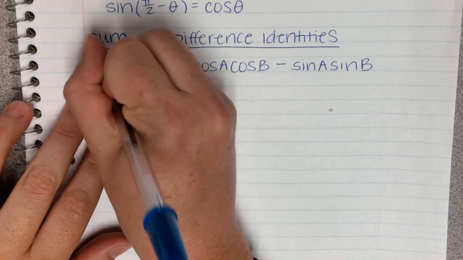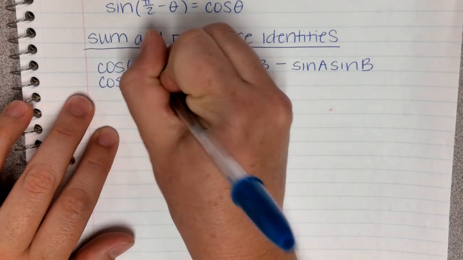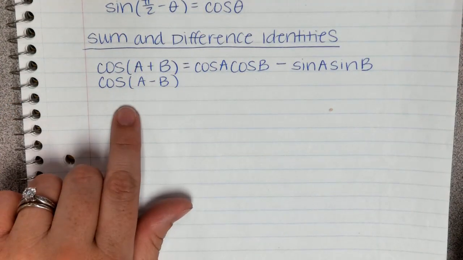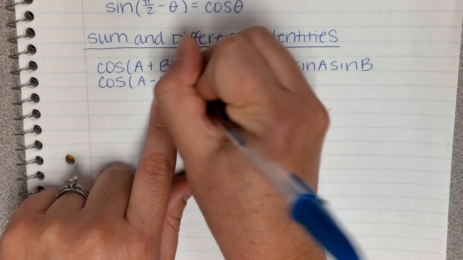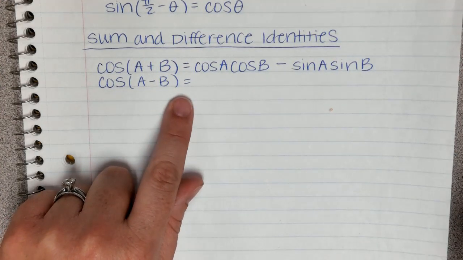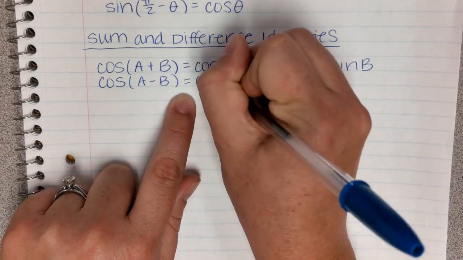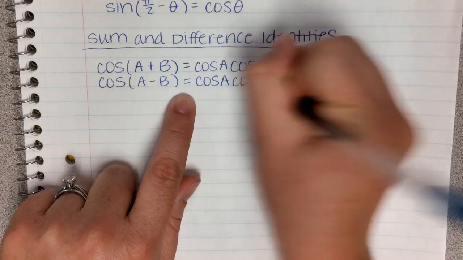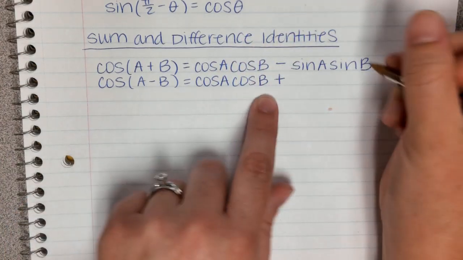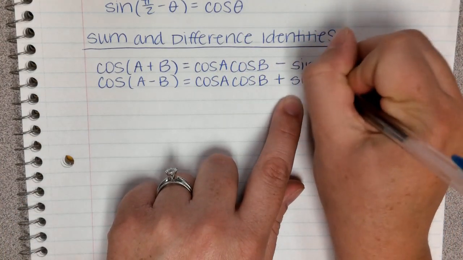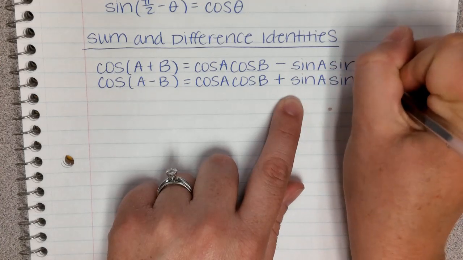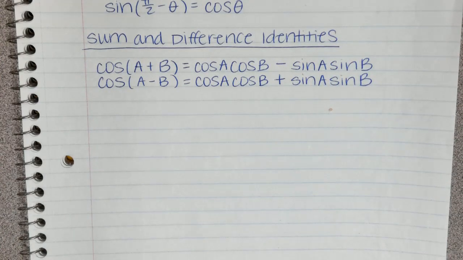We're going to go ahead and write the difference one up there. The cosine of angle A minus angle B is equivalent to cosine A cosine B plus sine A sine B. Wow, those look very similar to each other.